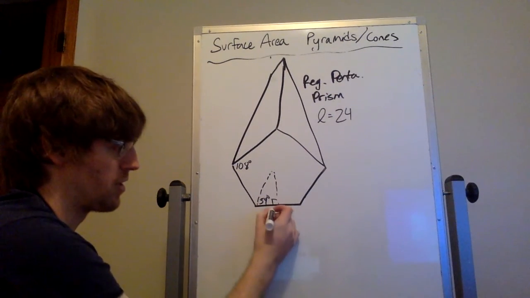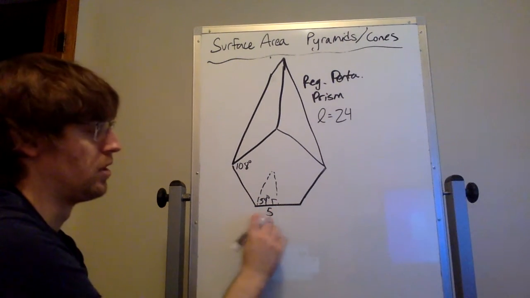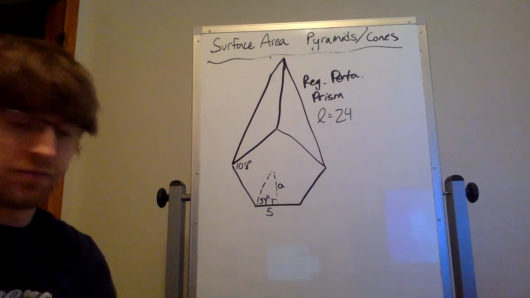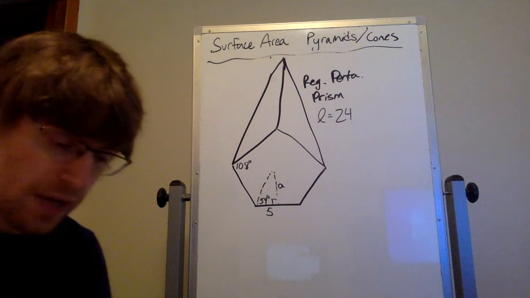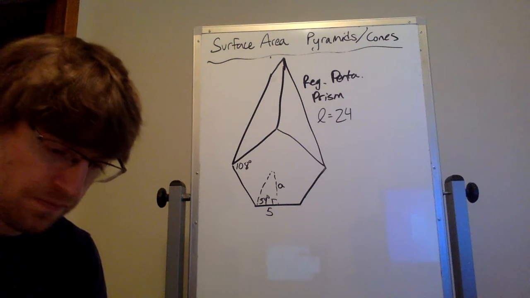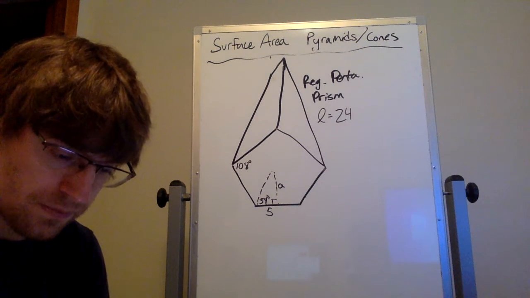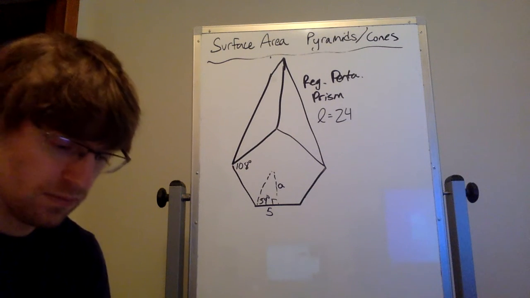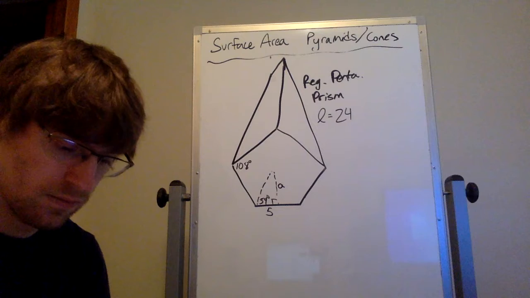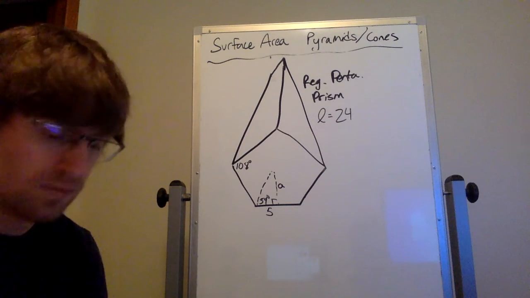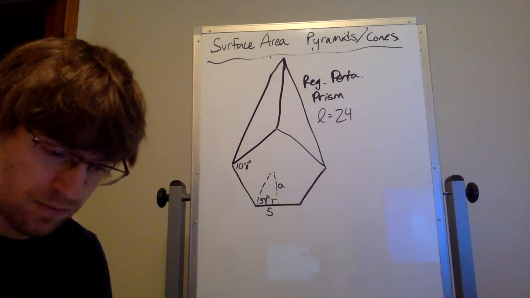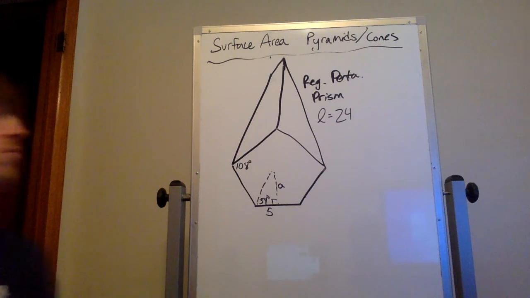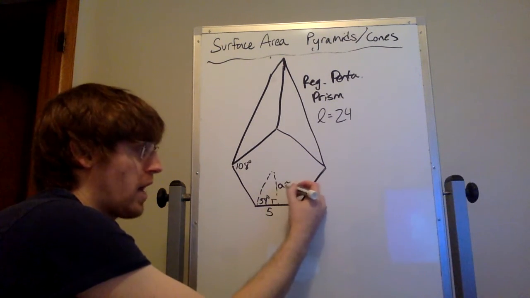So then this times 5. What's the apothem? I got 6.88.